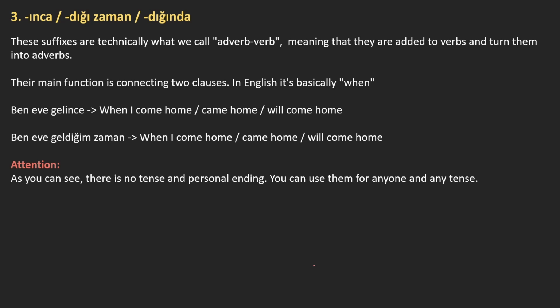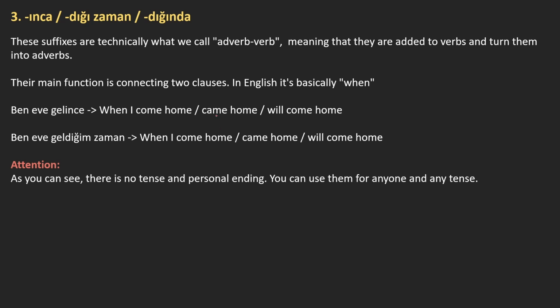They're like prepositions, but for time. It means they are added to verbs and they turn them into adverbs. And of course, their main function is connecting two clauses, like when in English. Ben eve gelince, when I come home.